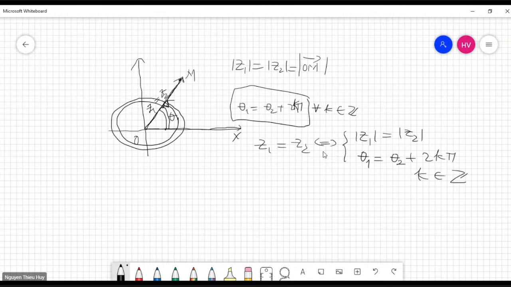K in Z. Good. So this is for you to see why the angle can be different by 2k pi. Of course, k is in Z.